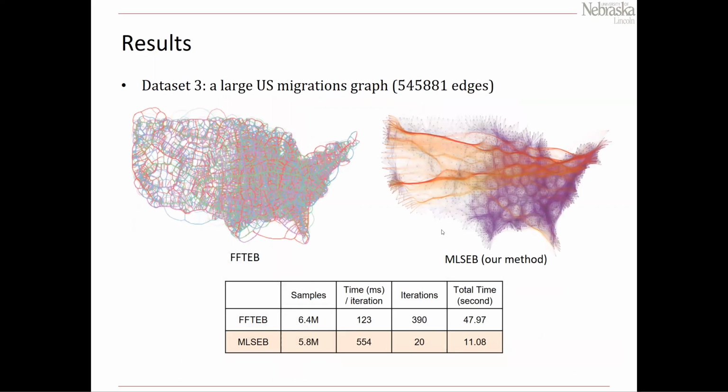More interestingly, our algorithm can generate a smoother result. The edges are smoother around the patterns of the US migration, but the fast Fourier transformation tends to generate this grid type or mesh type of layout. Visually, our visualization result is more meaningful and shows the direction of US migrations across different cities.